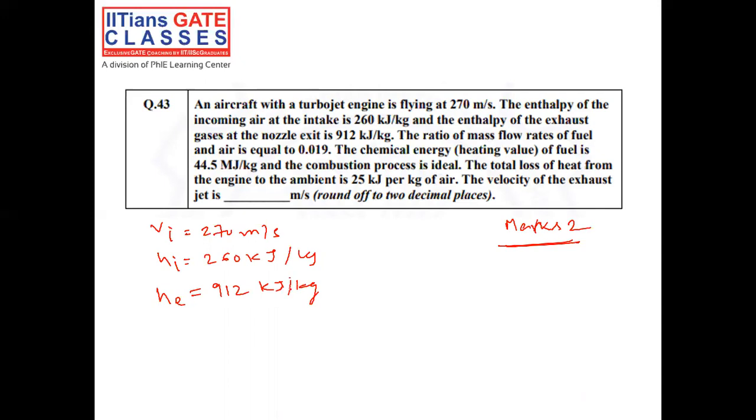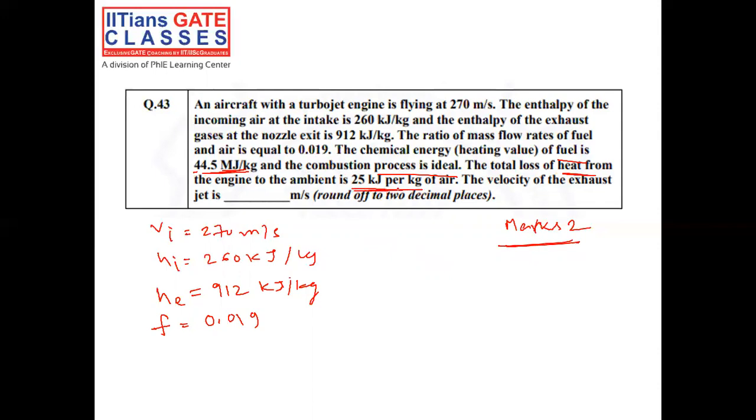The ratio of the fuel mass flow rate to the air mass flow rate is 0.019, and the chemical energy of the fuel is given as 44.5 megajoule per kg. The combustion process is considered an ideal process, and the total heat loss from the engine is 25 kilojoule per kg.